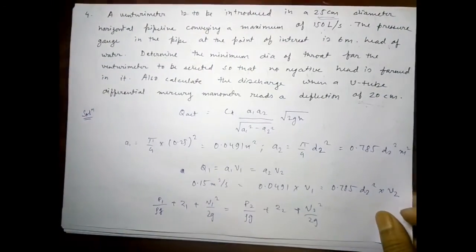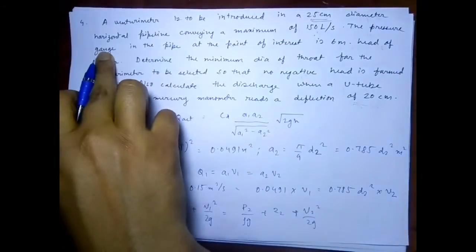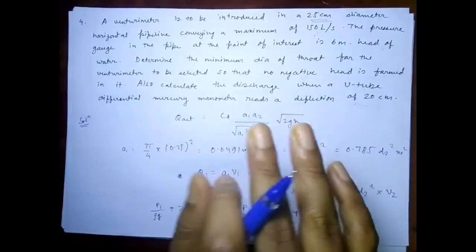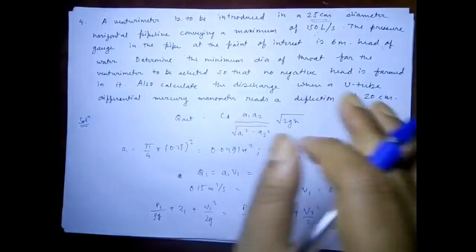So I have written the Bernoulli's equation. Now the pressure head initially is 6 meter. So I will write P1 by rho g is equal to 6 meter, because he said that the pressure gauge in the pipe at the point of interest is 6 meter. So I will consider that the point of interest is at section 1.